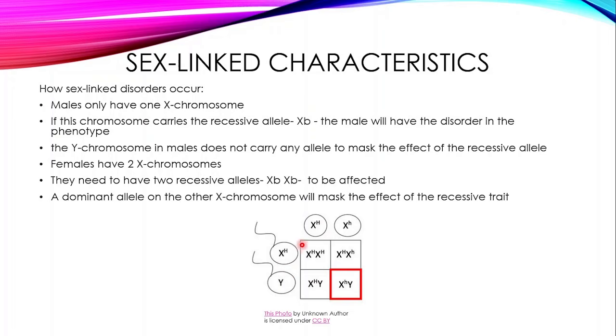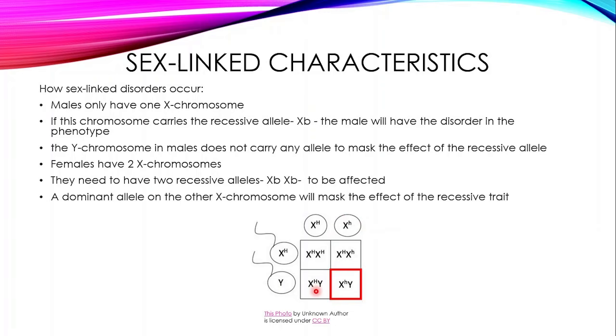So when these 2 X chromosomes combine, the female that is formed, XX female, will be normal because she has 2 normal X chromosomes. This one will be a carrier but will not be affected. She will not show it in her phenotype because she has the 1 recessive trait, but this X with the dominant trait is masking it. So she will not show it in her phenotype, but she will carry it like her mother.